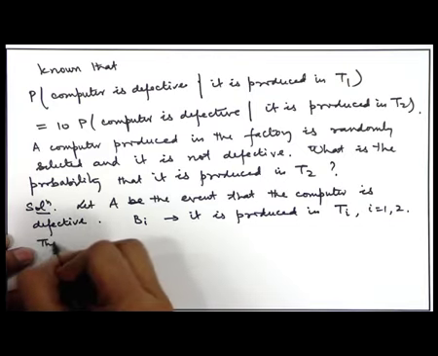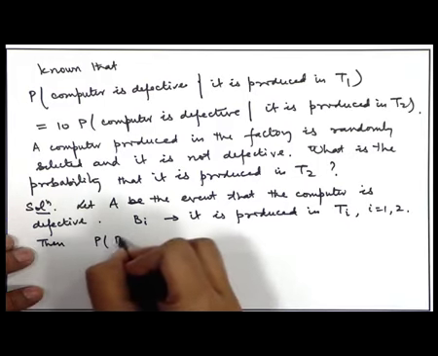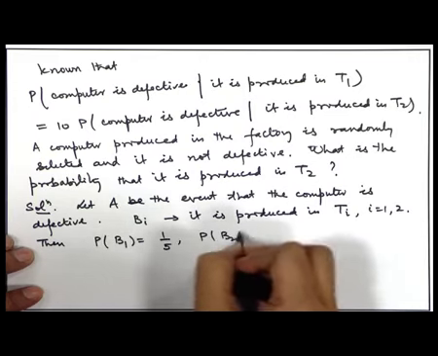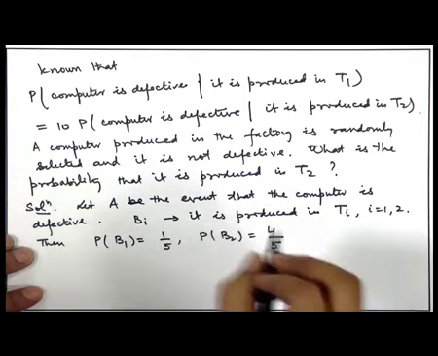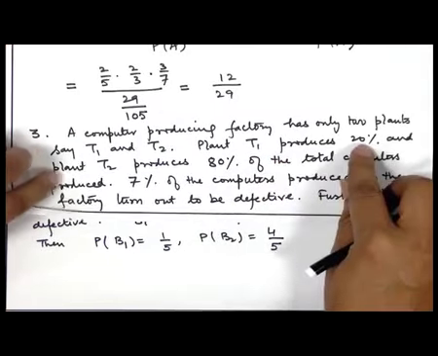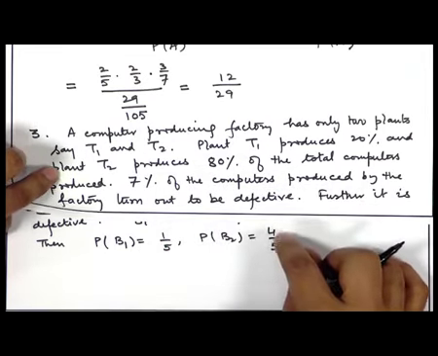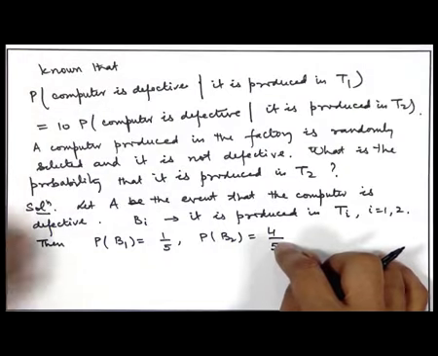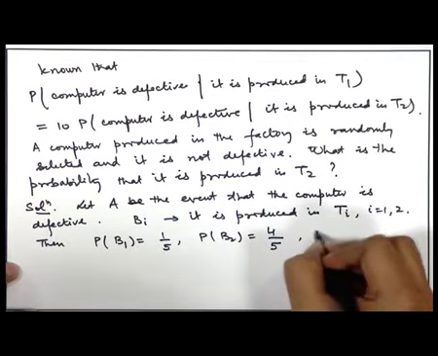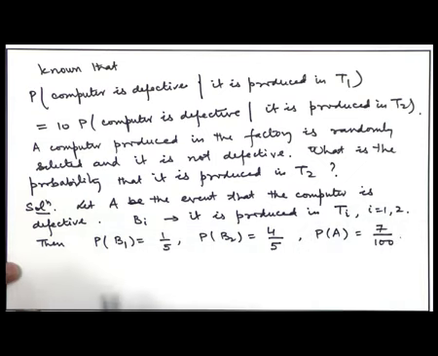Then it is given that probability of B1 is 1 by 5 and probability of B2 is 4 by 5, because plant T1 produces 20%, that is 1 by 5, and plant T2 produces 80%, so probability of B2 is 4 by 5. It is also given that the probability of defective is 7 by 100.